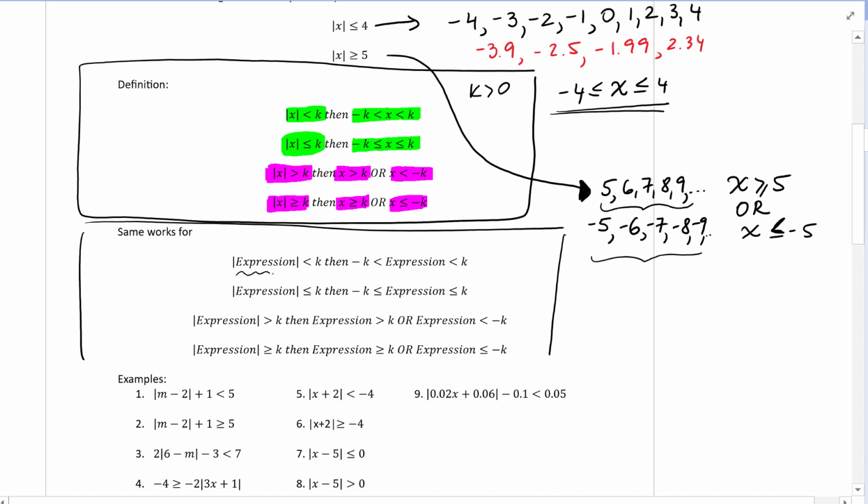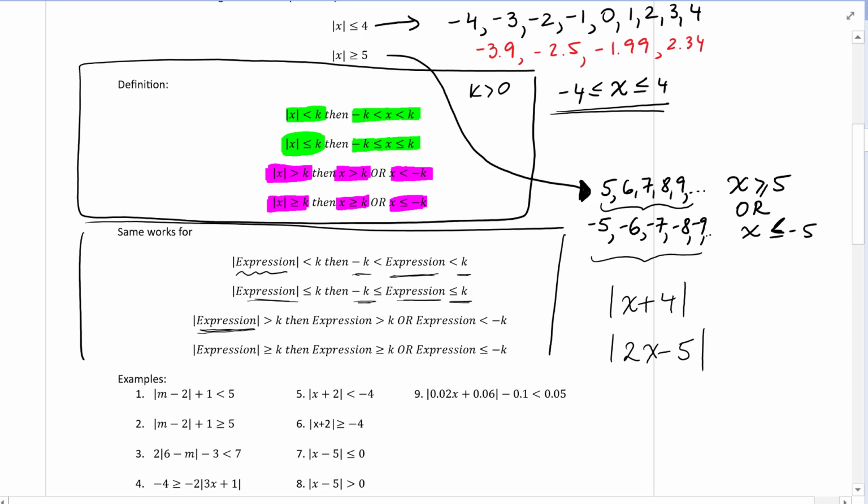And this is just for the situation where inside the absolute value you have x. But if you have an expression, like the one that we had in the title, like absolute value of x plus 4, or absolute value of 5x minus 5, and you have less than k, then the expression is between -k and k, included.